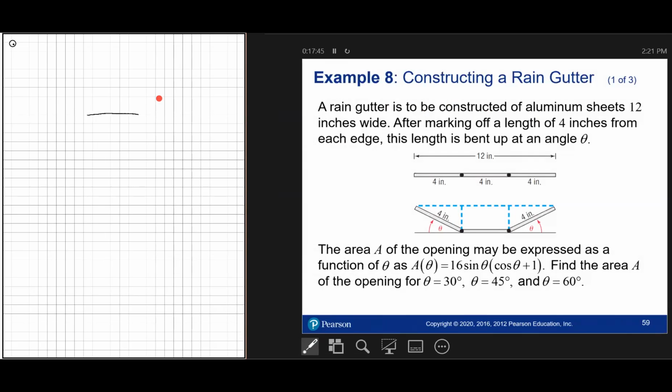So what they're talking about is that depending upon the angle of that side, whatever angle it's at, changes the volume. And this is the volume, and this was the formula for that. We would put 30 degrees in for theta and calculate it. So sine of 30 was what? 1/2, and cosine was the square root of 3 over 2.